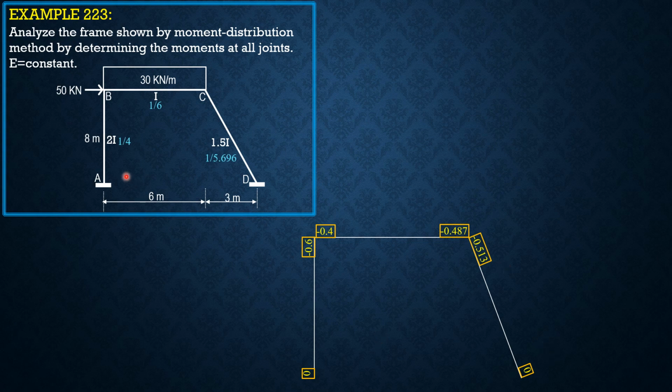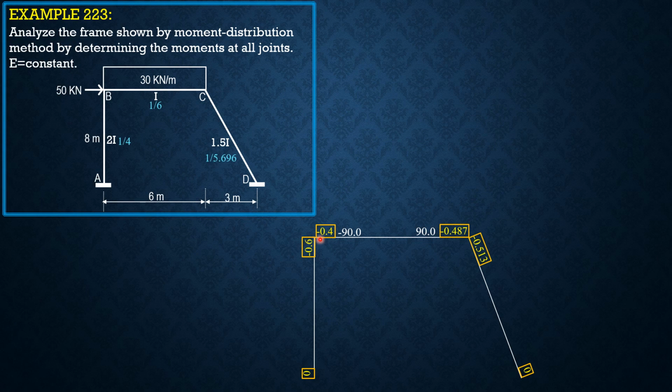So for the fixed-end moments, 0 here, and here it's negative 30 times 6 squared over 12, negative 90. By symmetry, this is positive 90. And there is no load on CD, so 0, 0. So let's distribute.